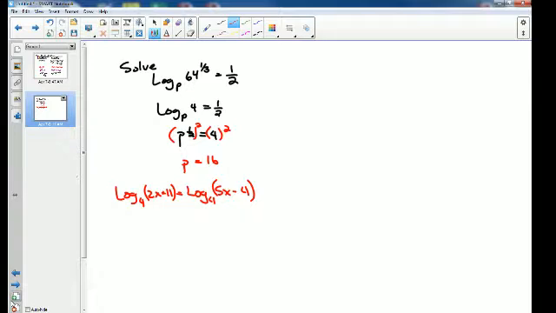Notice the base is the same here, right? So that means this is true.